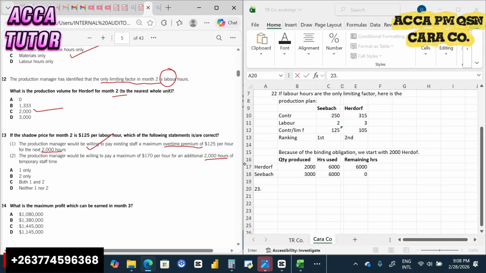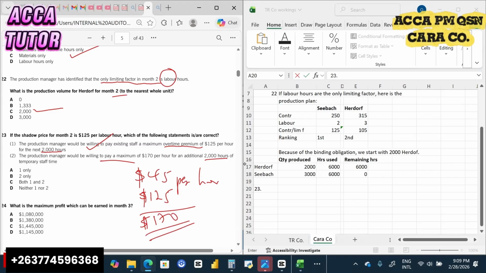Number 2, the production manager would be willing to pay a maximum of $170 per hour for an additional 2,000 hours of temporary staff time. If we hire temporary staff, that's an additional labor. Remember, the original labor is $45 per hour from the question. Do you still remember that? So if we add 125, we come to 170.